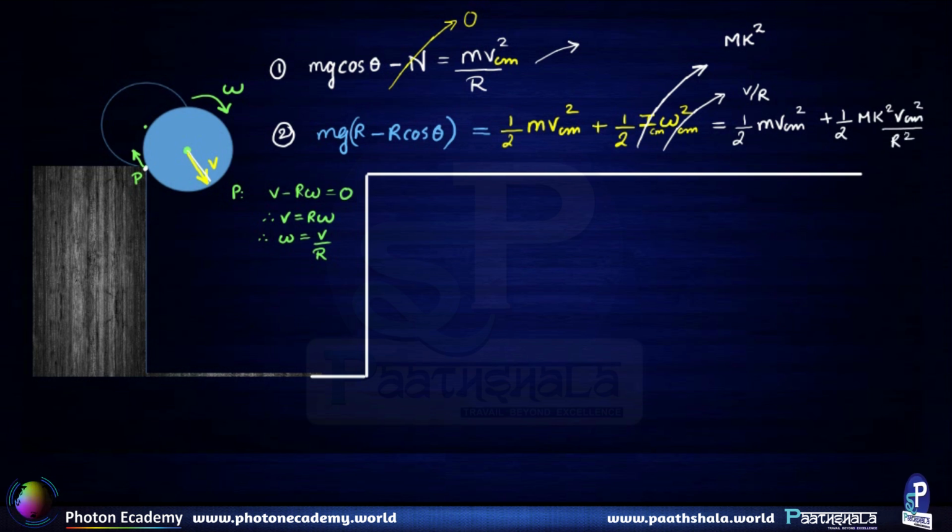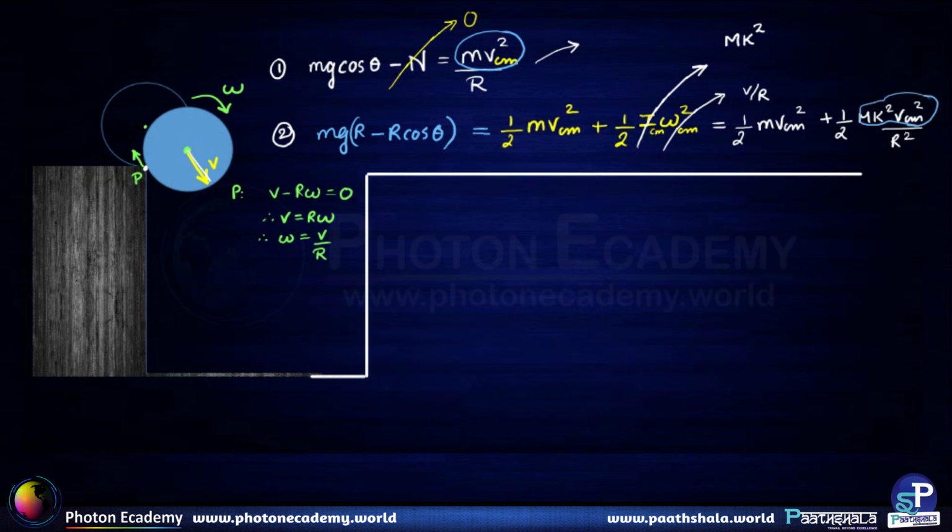So now I get mv square in all the terms. See, in the first equation as well as the second equation, I have got mv square involved, and here also mv square is there. So what I can simply do is substitute mv square to be equal to rmg cos theta, by taking r towards this side.